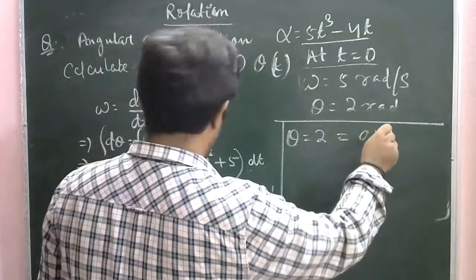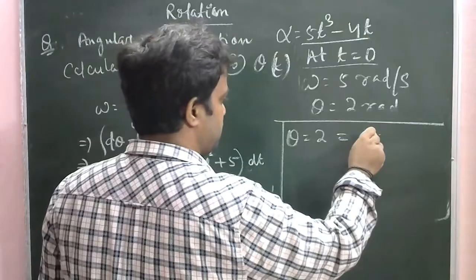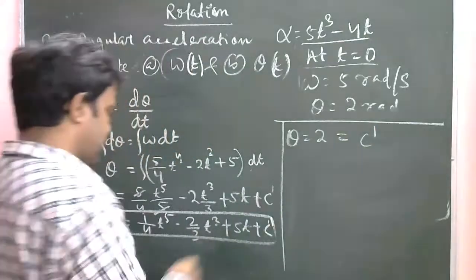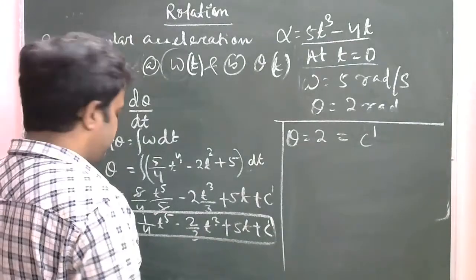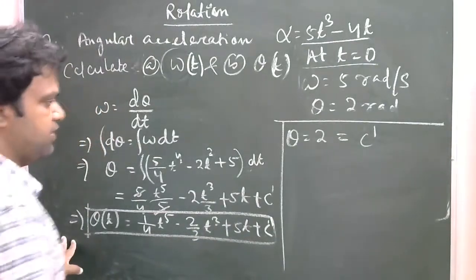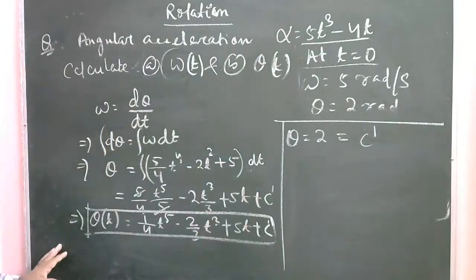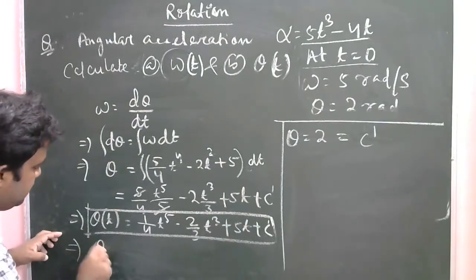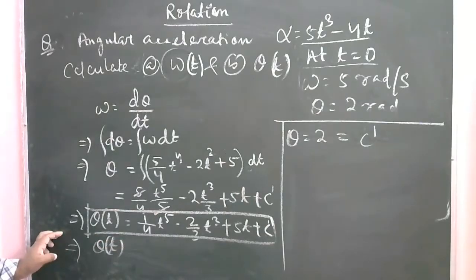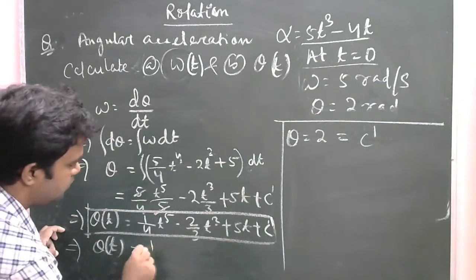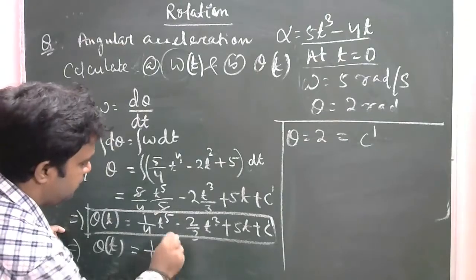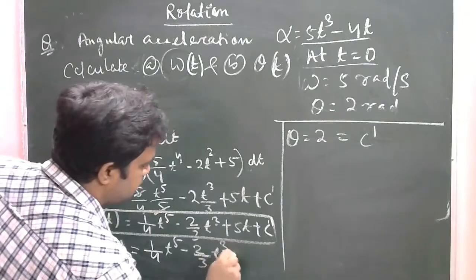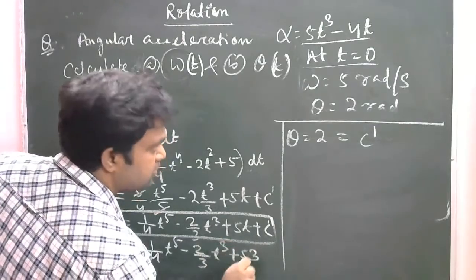0, all the terms 0, right? So you are getting c prime. Now what is the final expression then you are getting? You are getting theta t is equal to 1 upon 4 t5 minus 2 upon 3 t cube plus 5t.